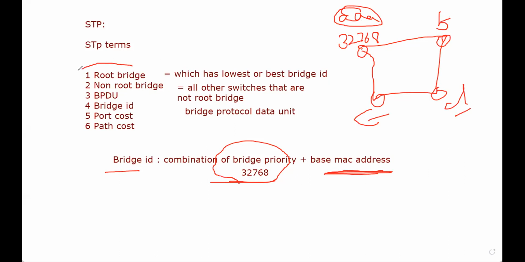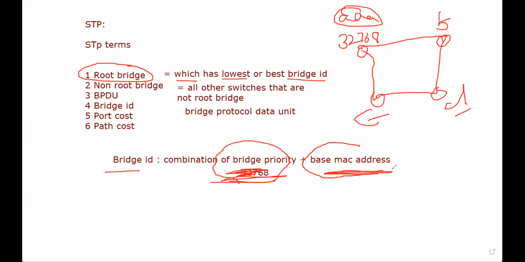In the root bridge, what we have learned is that any switch which has the lowest bridge ID is known as the root bridge. Understand the concept? Now the election is not based on bridge priority because it is the same for every switch.